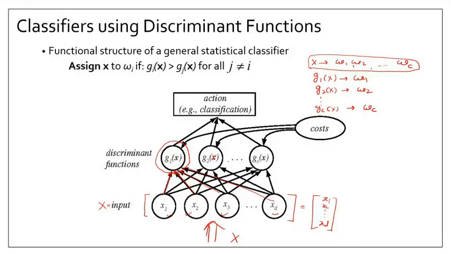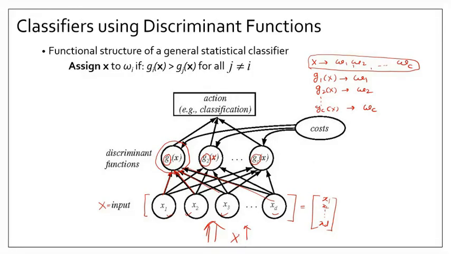Again, you will see that everybody is receiving the same input. So the input received by each node is the same. Then we have to have these G's such that they will produce output if the input belongs to them.